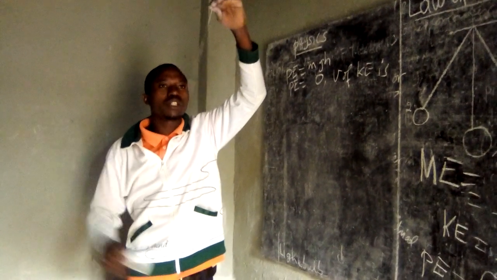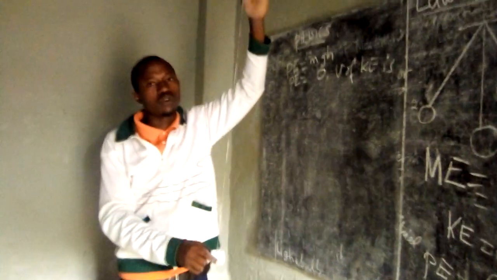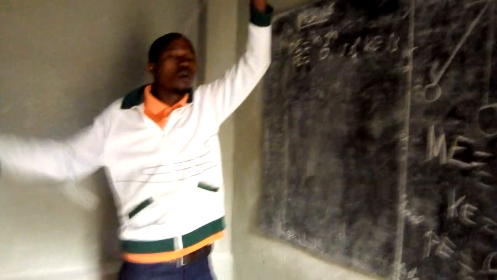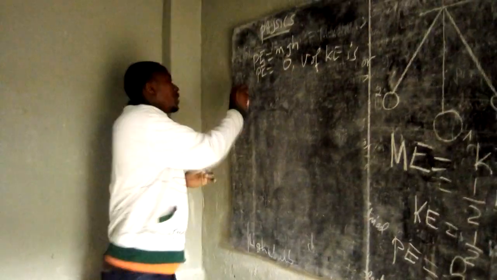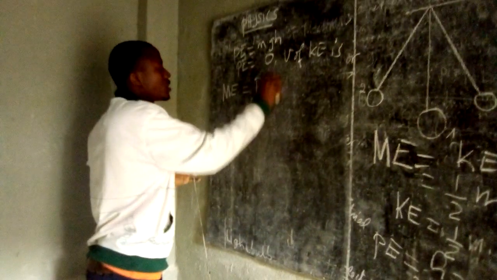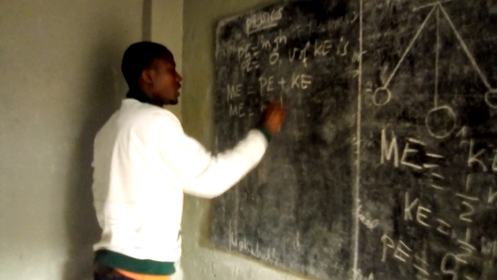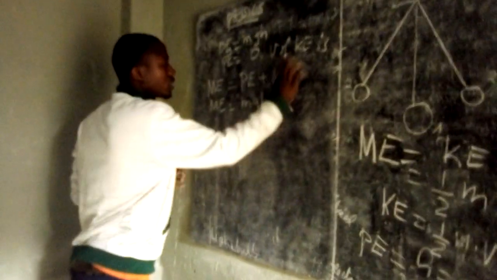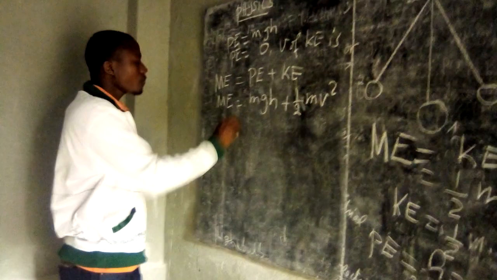When it reaches the lowest position, the kinetic energy is considered but the potential energy is not. All of the energy is considered in the mechanical energy. That's why mechanical energy equals potential energy plus kinetic energy, mgh plus 1/2 mv squared.